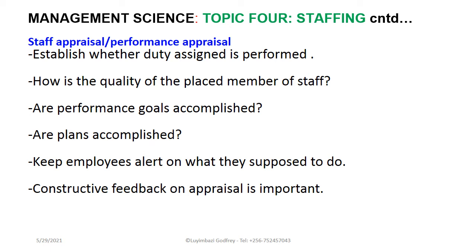So it is the duty of the manager to educate the employee to perceive this appraisal as something which is good and which is beneficial to both the manager and the employee. Why is this so important? Because it is this appraisal, performance appraisal, that helps the organization to survive. Otherwise, without appraisal, we won't know whether what we are doing is okay.